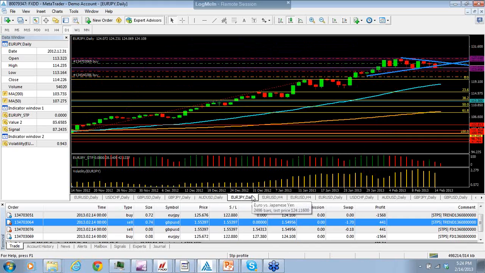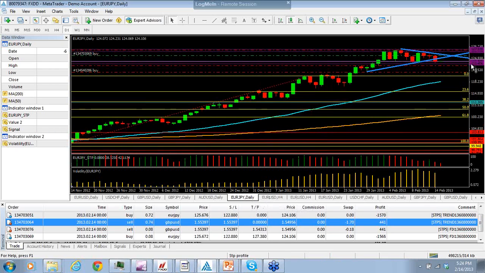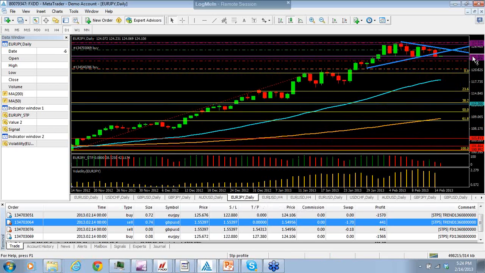Okay, yesterday we talked about the euro-yen. The euro-yen was interesting. It was a trade where we got a buy bias. Well, not a buy bias. We actually had a buy stochastic. Essentially, we had a buy signal here on our STP.